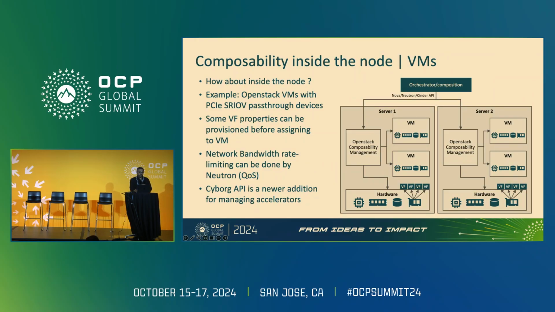Now, once you have your server up and ready, now you want to run VMs on your server. How do you compose your VM? Taking an open example with OpenStack, you would have your VMs provisioned by OpenStack's Neutron to provide you some kind of composability where you can assign the VFs of the PCI devices that you are looking for, and you can adjust some of the capabilities and capacities using something like bandwidth rate limiting and such, using Neutron API.